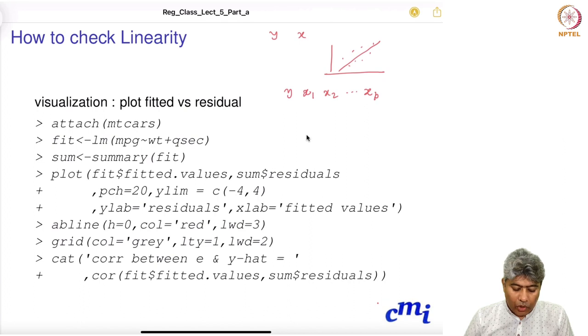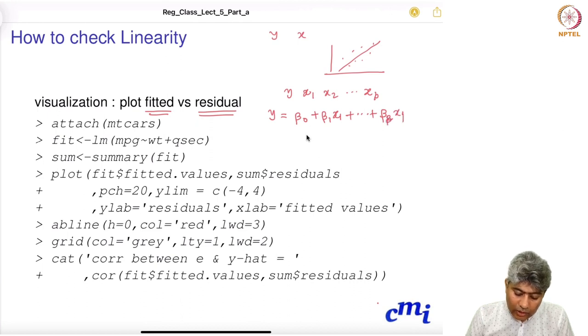What can you do? One visualization technique is to plot the fitted values versus the residual values. You first fit the model beta naught plus beta 1 x1 plus dot dot dot plus beta p xp, plus epsilon.